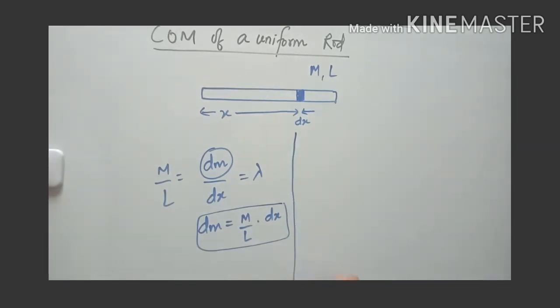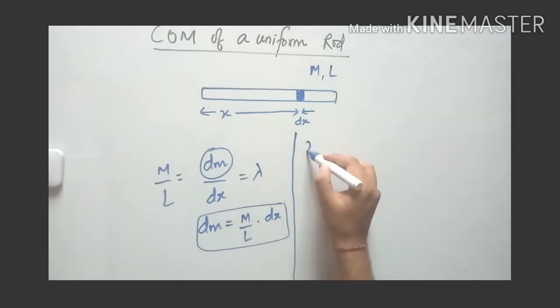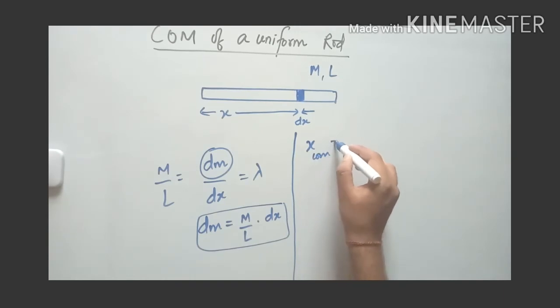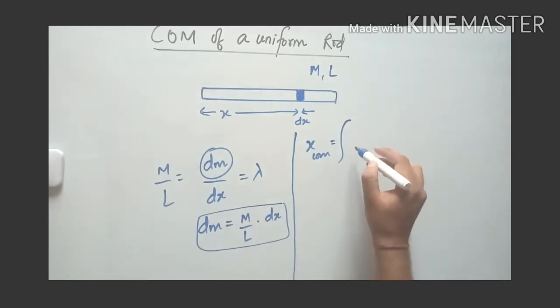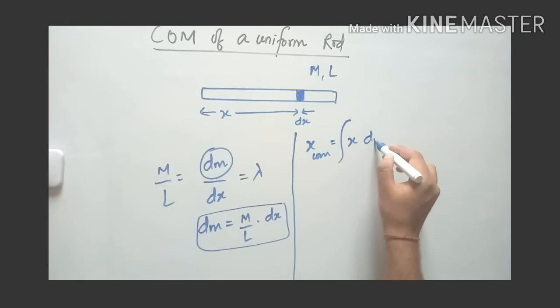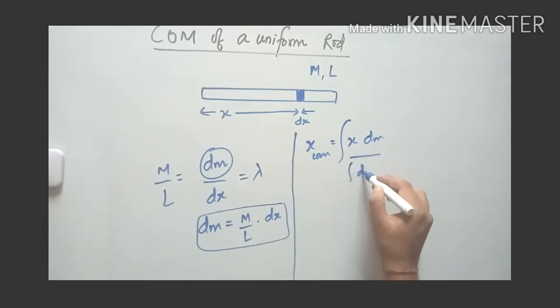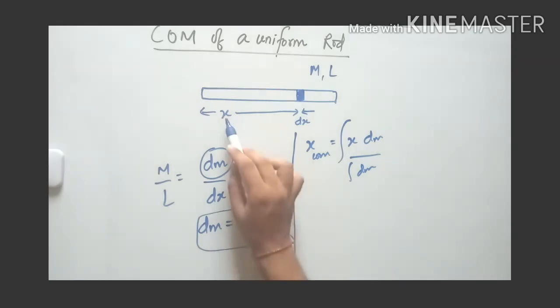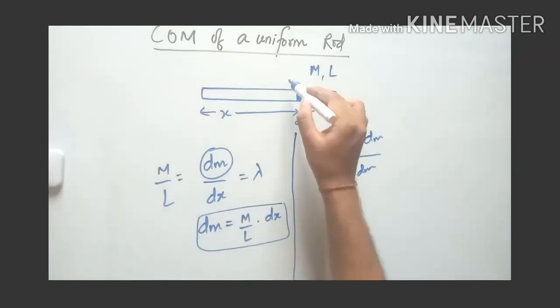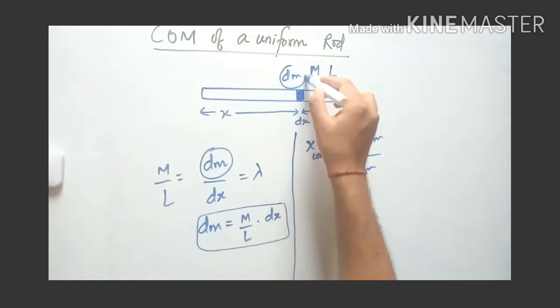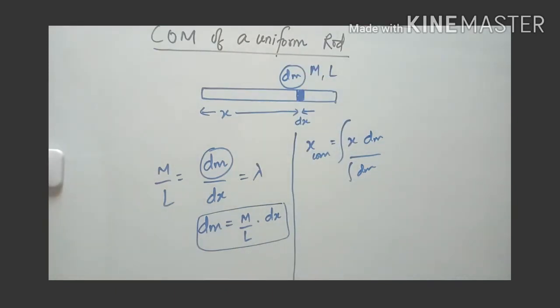Now we have seen how to find the center of mass. So xcom is going to become integration of x dm by integration of dm. What is x? X is the position of the elementary mass, or we can say x is the center of mass of the elementary mass.